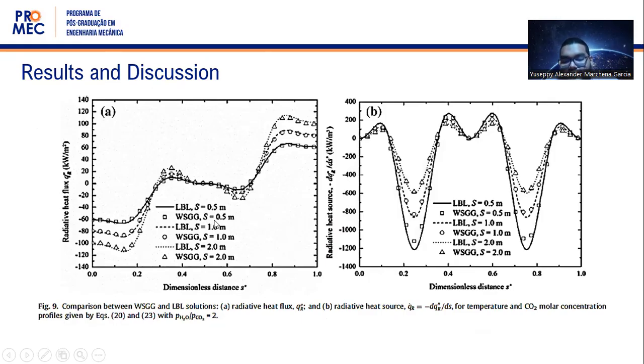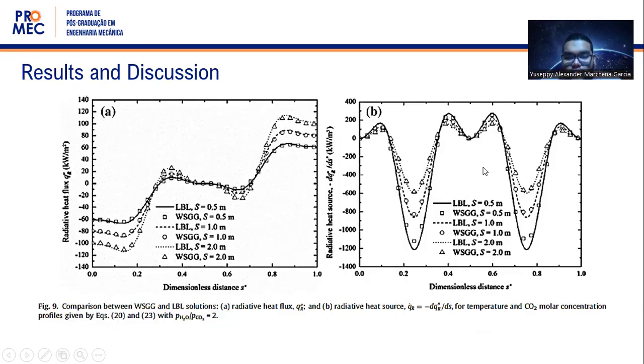So in this case, the maximum errors are limited to 3.14% and 1.43% for the radiative flux, and 7.63% and 2.57% for the volumetric source, as reported in table 4.